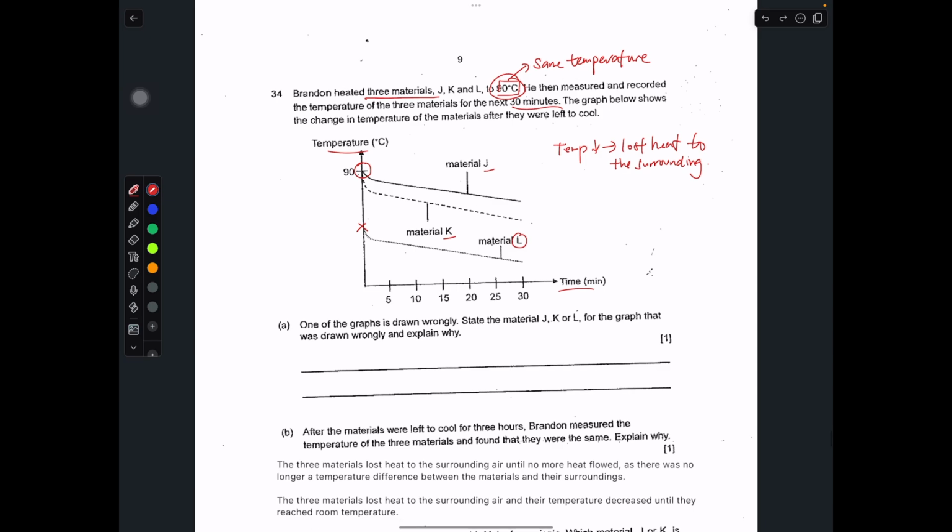That will be material L, because the starting temperature should be 90°C. It is not here. That's why it is wrong.